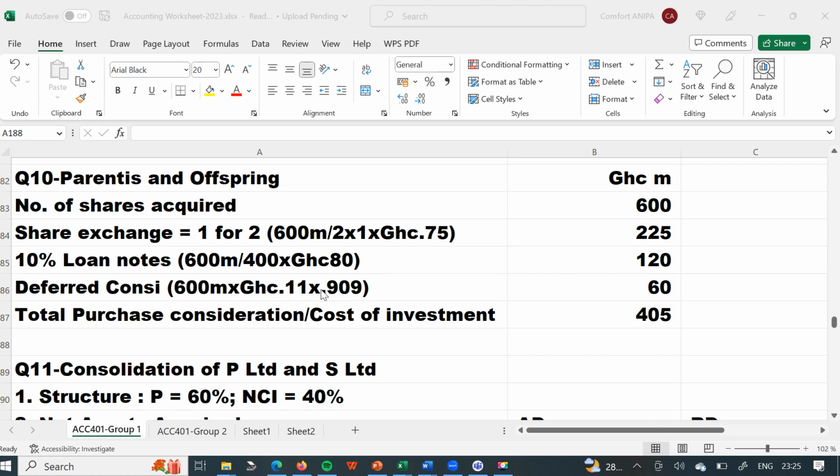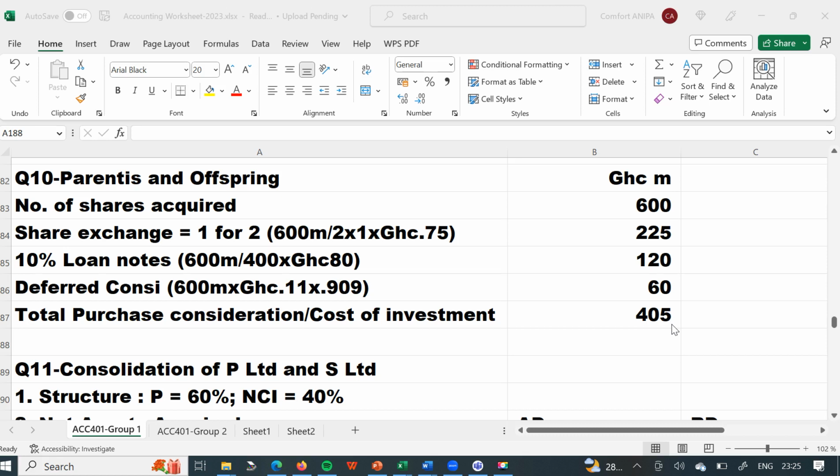The present value of this amount at 10% for 1 year, you have a discount factor of 0.909, and that's what is giving us 60 million. Your total purchase consideration is therefore 405. It is 225, 120, and 60. That's giving you 405. Again, I have helped you understand the purchase consideration. That's what the emphasis is on.